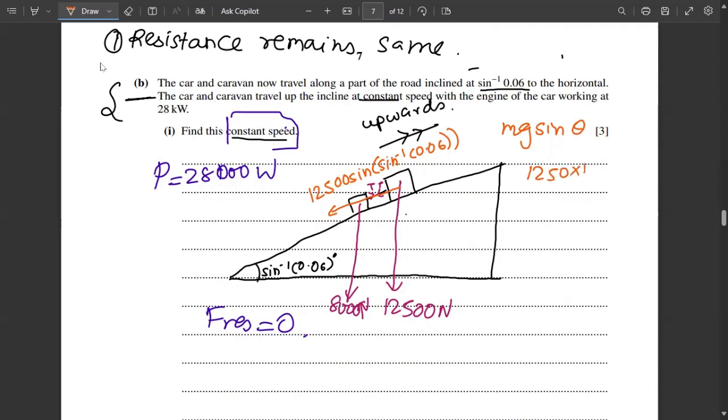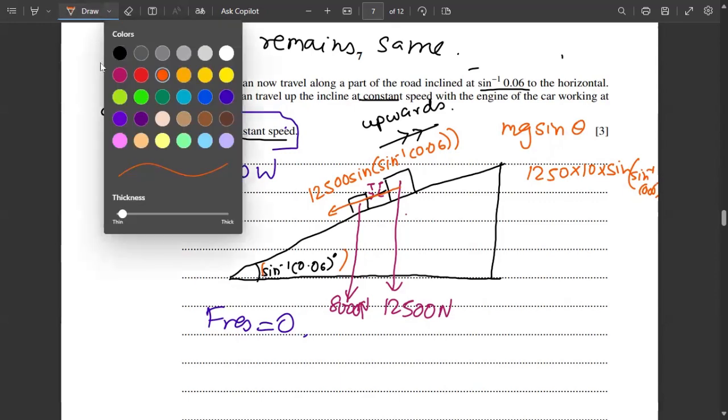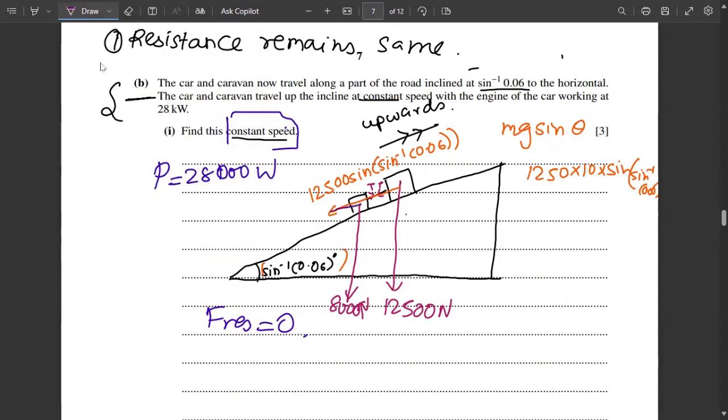What is g? 10. And theta is sine inverse of 0.06. This entire thing is sine of sine inverse of 0.06. Now moving to the next one. For the caravan, it will be 8,000 sine inverse of 0.06.